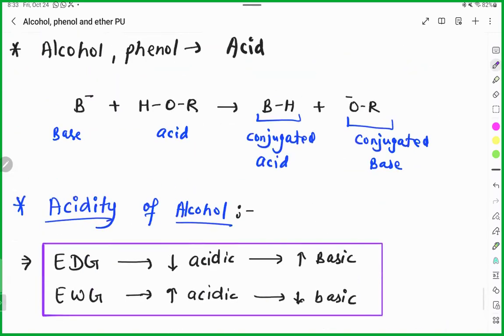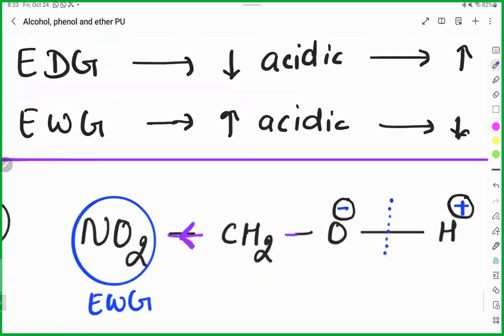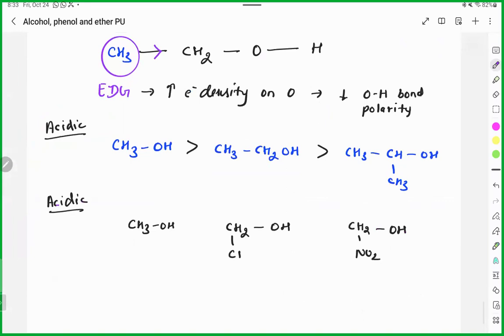Just remember this one thing: electron withdrawing group increases acidic character. Donating group will be ulta. Okay. So here chlorine and NO2 both are electron withdrawing groups.